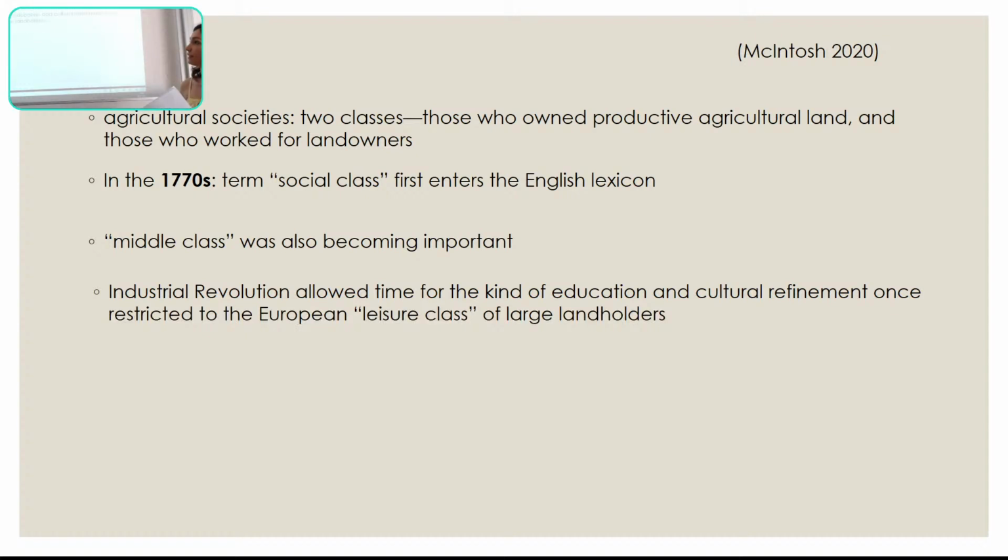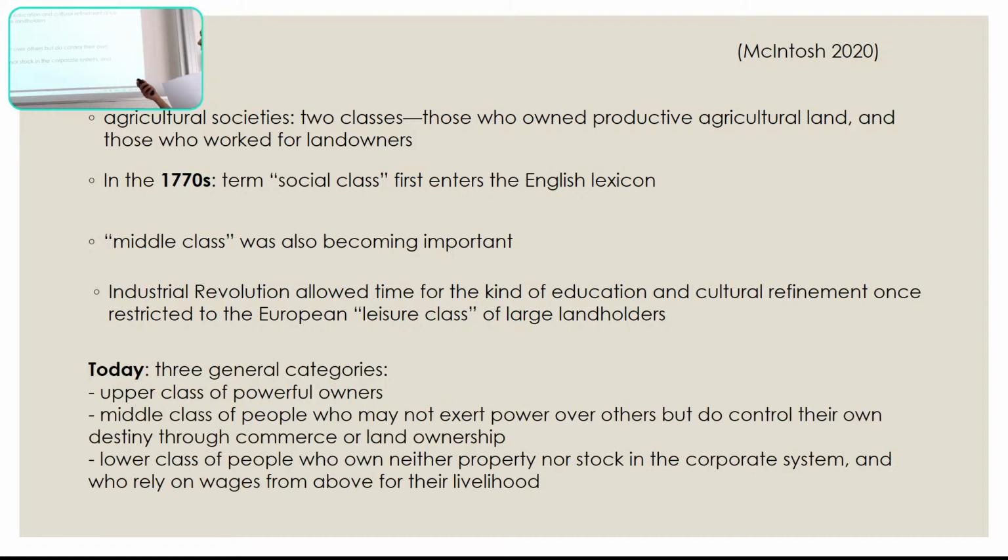The Industrial Revolution allowed more time for education and the refinement of cultural things, hobbies, or more leisure. That's the point where a middle class was introduced. Today it's very generalized to say that we have three categories when we think of class.